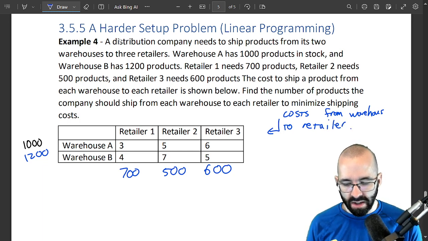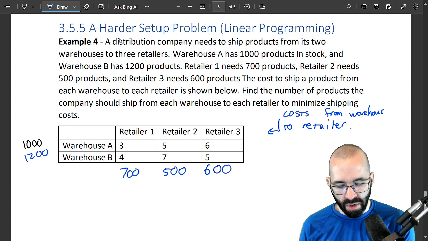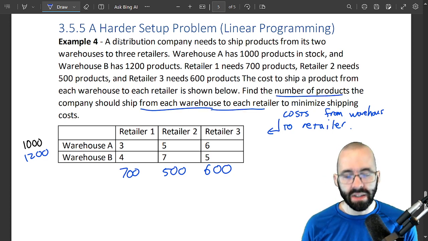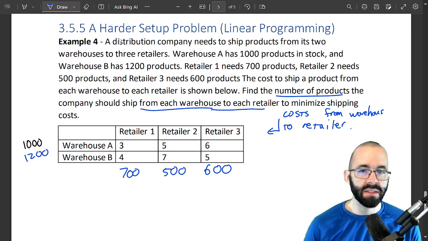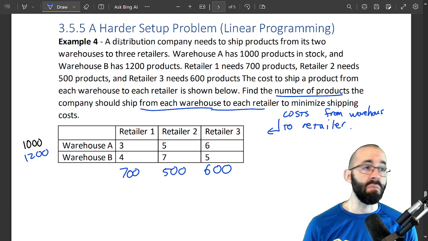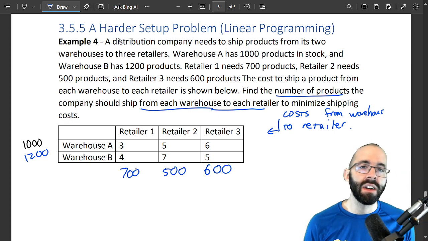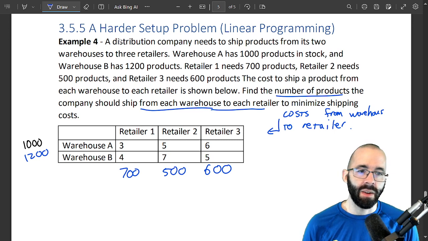Find the number of products a company should ship, so number of products from each warehouse to each retailer, to minimize shipping costs. Also, this is like the most generic linear programming problem too. This is essentially what linear programming was invented for. In the 20th century, basically it was mostly the US military that we are taught about anyway.